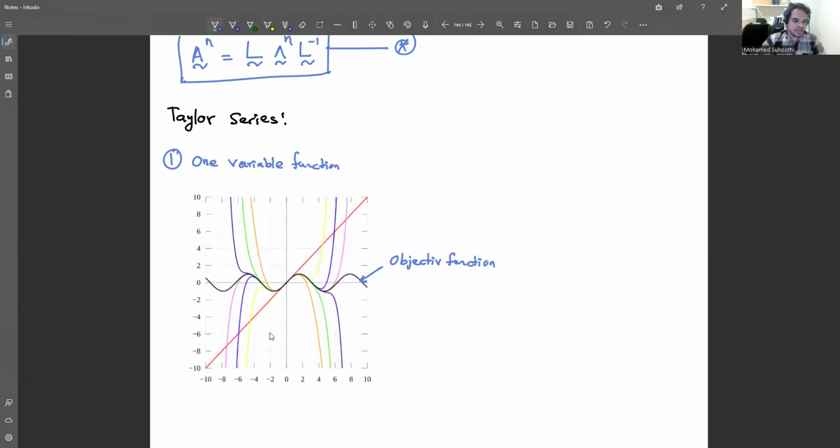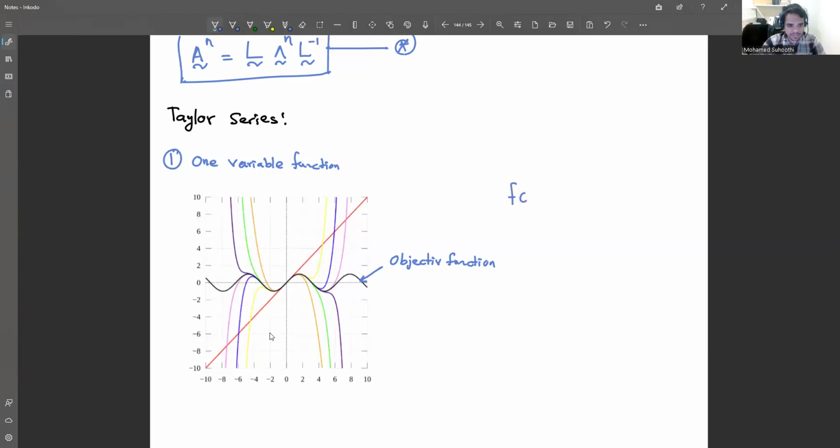Okay, so what we are going to do is approximate this function using the Taylor series, right? So before that, let me write the expression for the Taylor series.